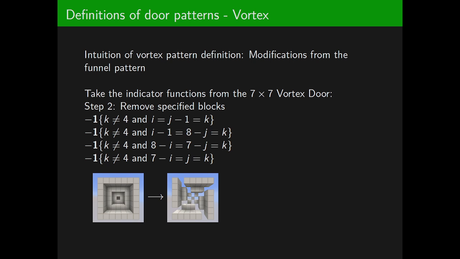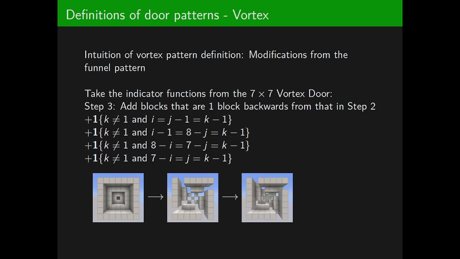So if you cannot see the gist of it, it's just basically removing a line of blocks. And each line only has 3 blocks removed. Step 3, adding back the blocks that we have removed, but 1 block backwards in terms of the layer.